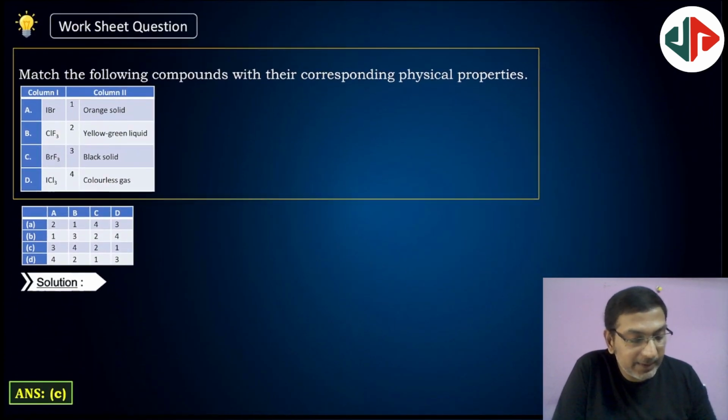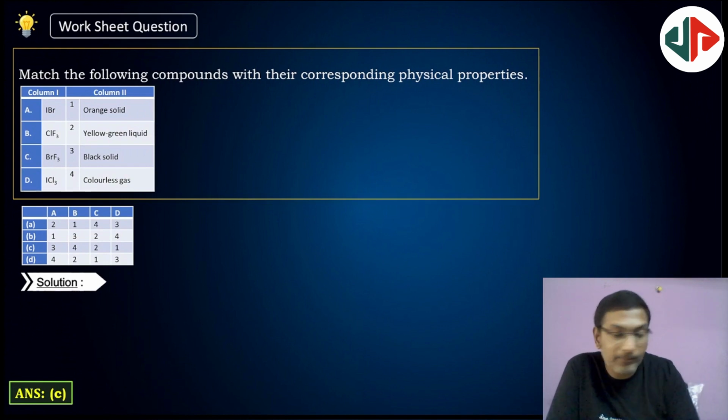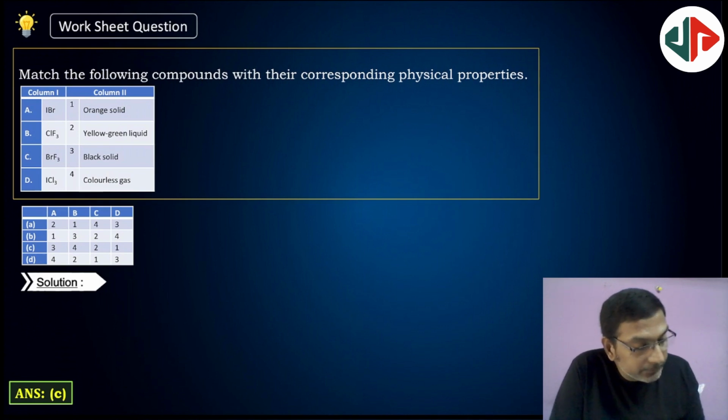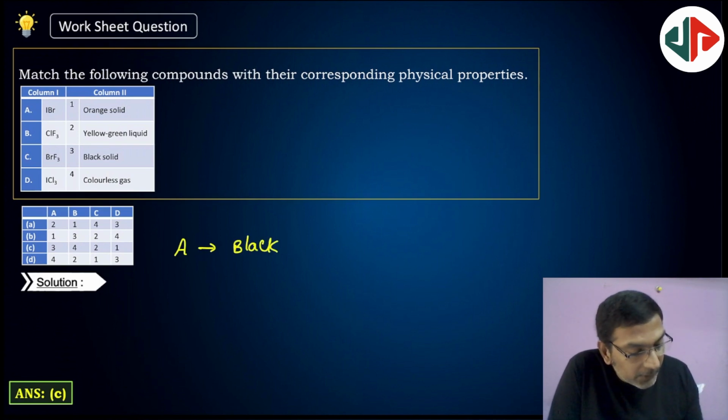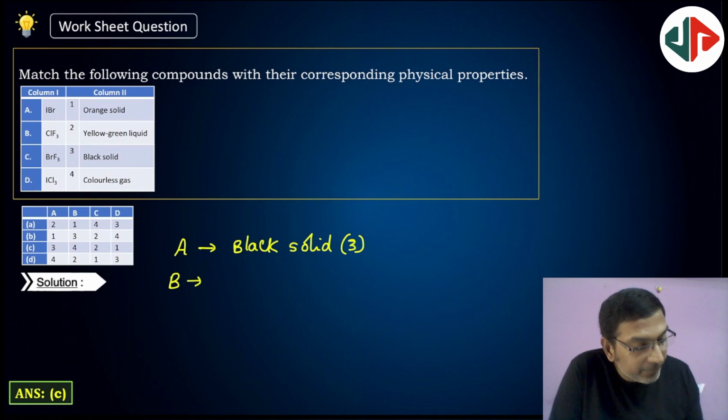Match the following compounds with corresponding physical properties. They are just colors. So for A compound, A is IBr. So IBr will be black solid. This is only physical property, that is 3. Next B, ClF3, colorless. Option 4.